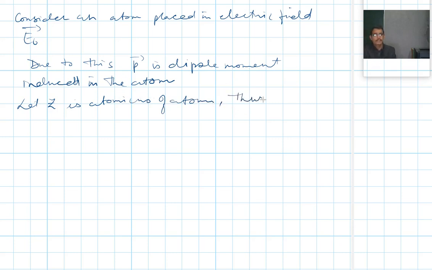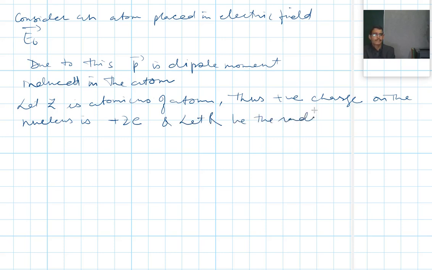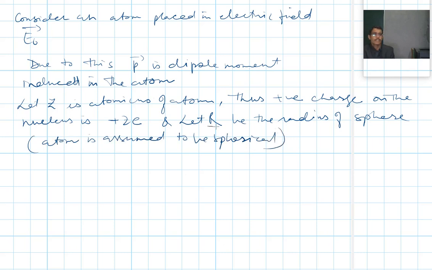Thus the positive charge on the nucleus is plus Ze, and let R be the radius of the sphere, and the atom is supposed to be spherical with radius R.